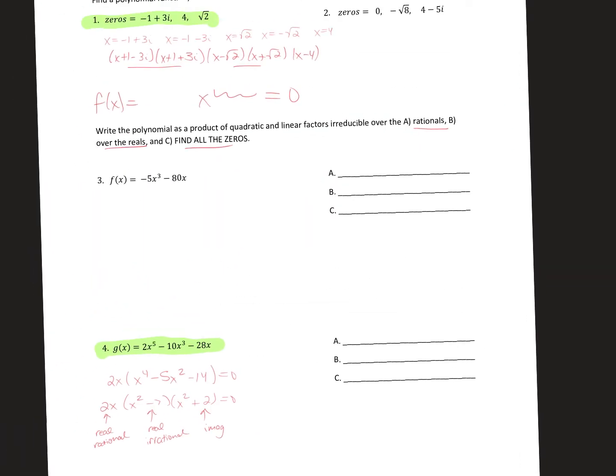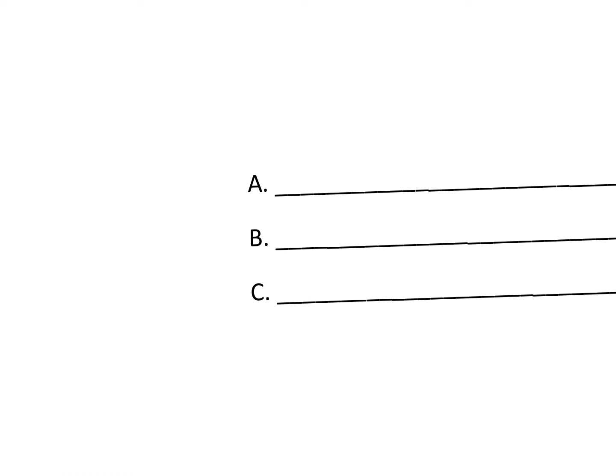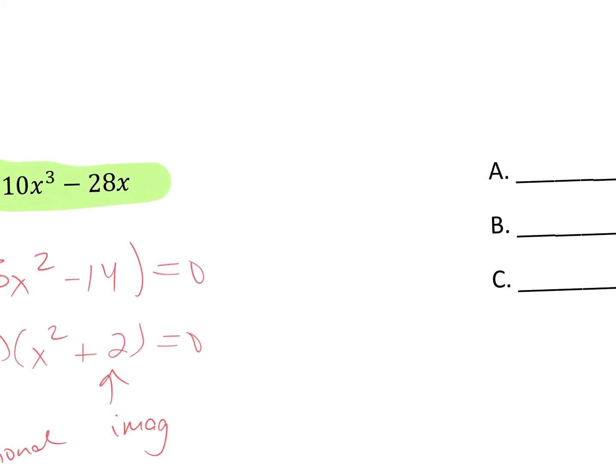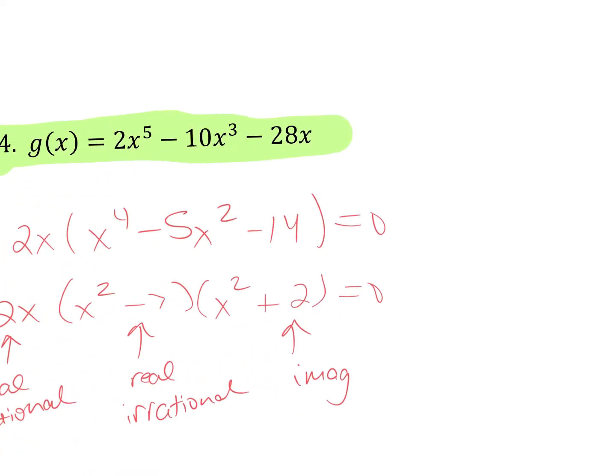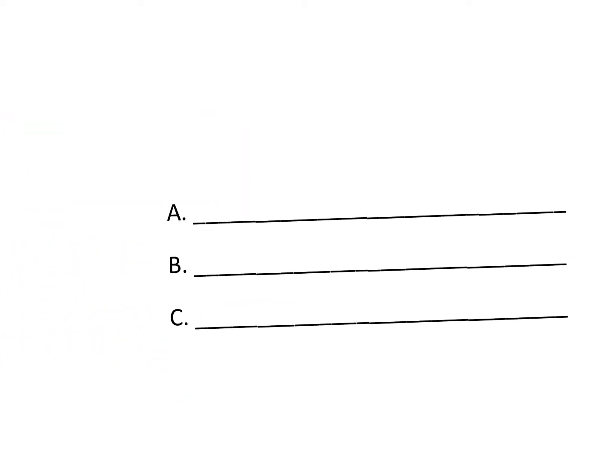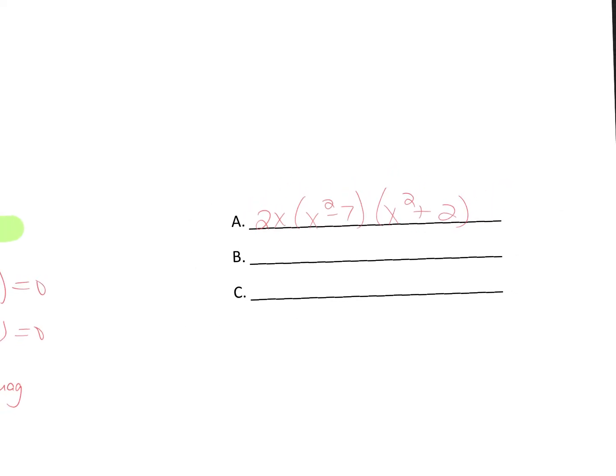If you're going to go over the rationals, rationals means pretty, remember? So I would leave this as 2x times x squared minus 7, x squared plus 2. That is over the what? Rationals.